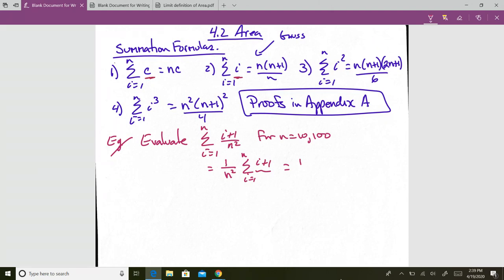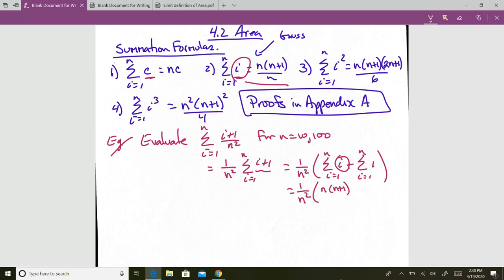So we need to rewrite it as the sum from i equals 1 to n of i, plus the sum from i equals 1 to n of 1. The reason we did this is because we have a formula for that. So that becomes n(n plus 1) over 2. This is a 2, by the way, sorry.